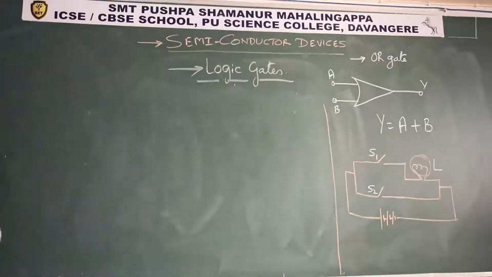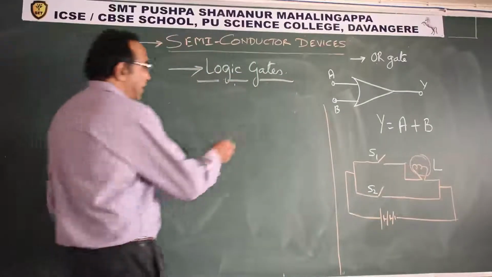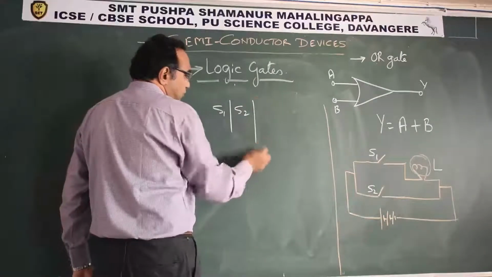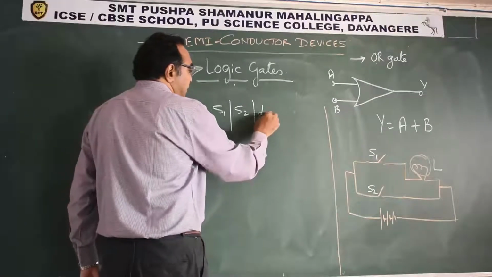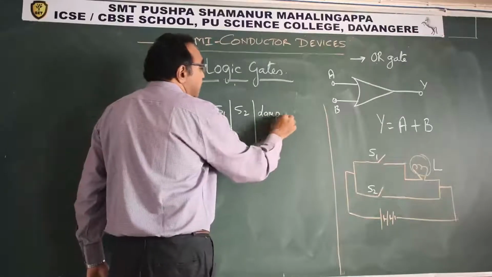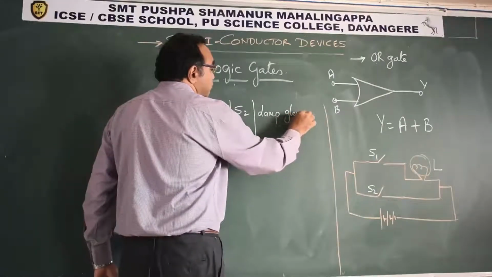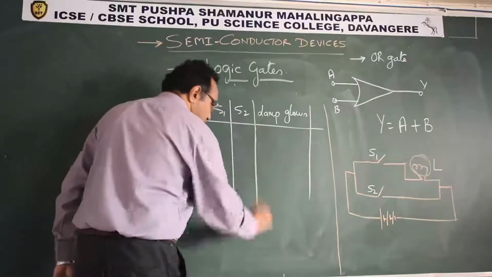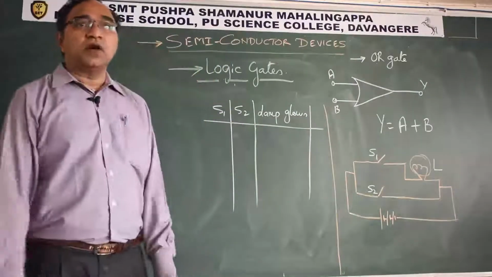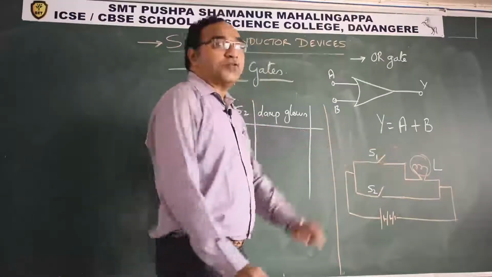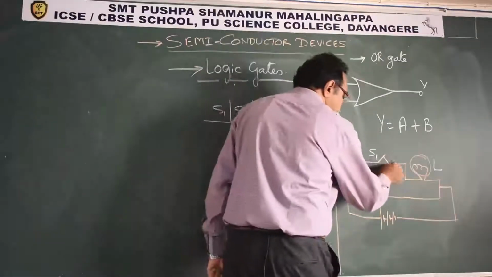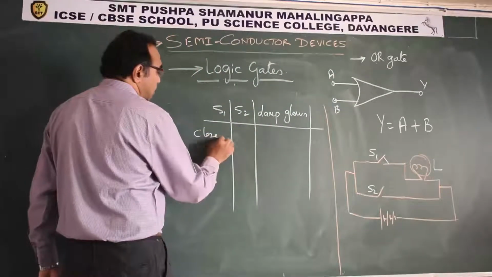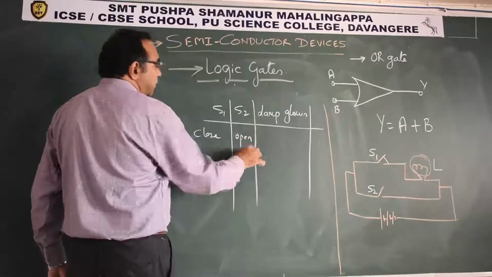So now, see here. I will make a table, S1, S2, and here I will say output, lamp glows. Let us fill the table. How? S1 is closed. S2 is open. S1 is closed. This is open. Will the lamp glow?